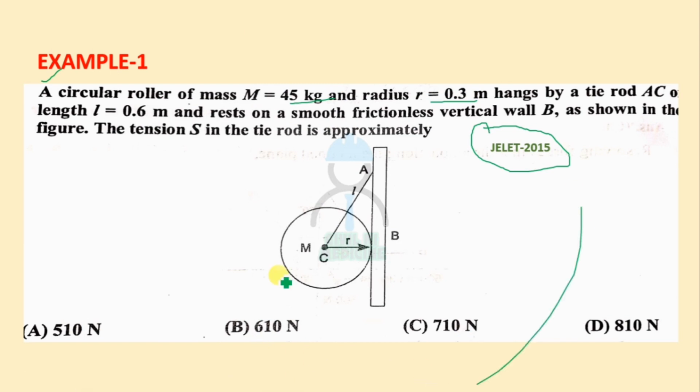The options are given A, B, C and D. So first I will draw the free body diagram of the given problem. I have already told in my previous video, for solving any numerical problem, first we have to draw the free body diagram for easy solving of the problem.